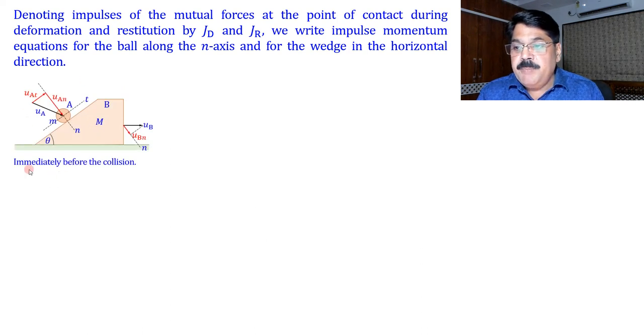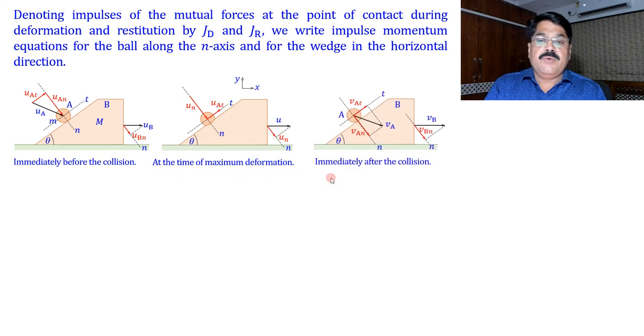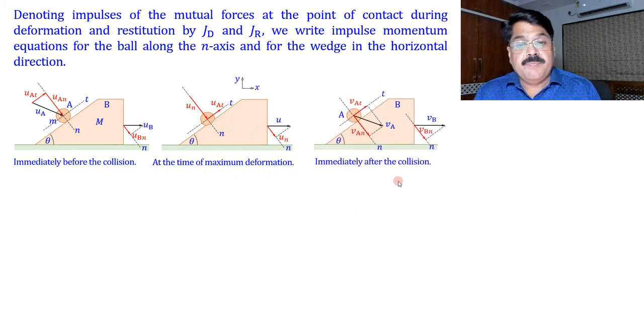Immediately before the collision, we have shown the velocities UAT, UN, where the velocities were UA and UB, and this component is UN. At the time of maximum deformation, this velocity is U, so it is UN. We are interested only in these two. Immediately after the collision, the velocity of the ball has been assumed VA, so it will be VAT.